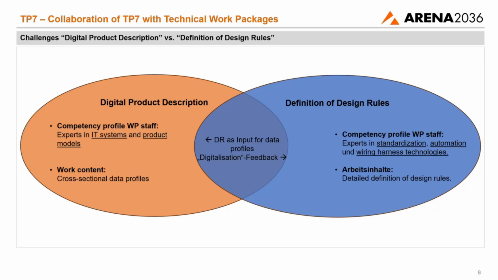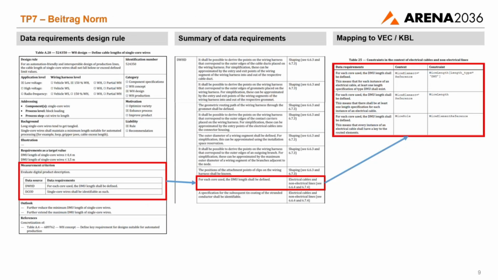So if you look at the actual DIN, then you will find in all design rules for the wiring harness a section here in the lower end where the data requirements, so the information you need about the product to test these design rules, are listed.